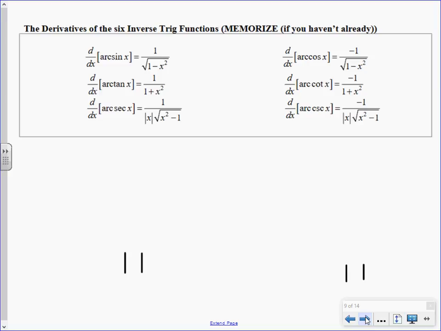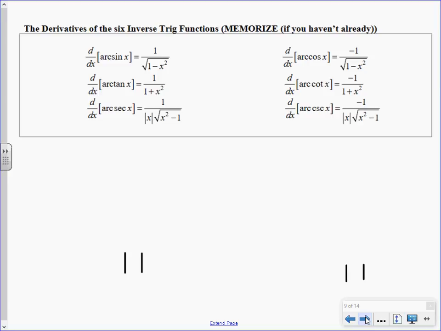You should see a little bit of a pattern. Now, this is a lot to remember.